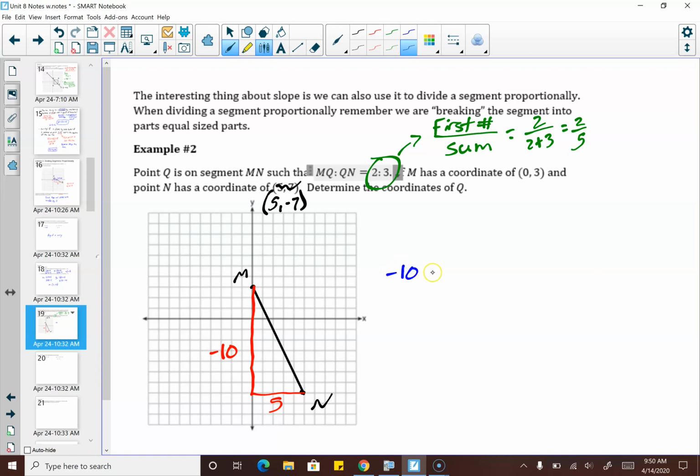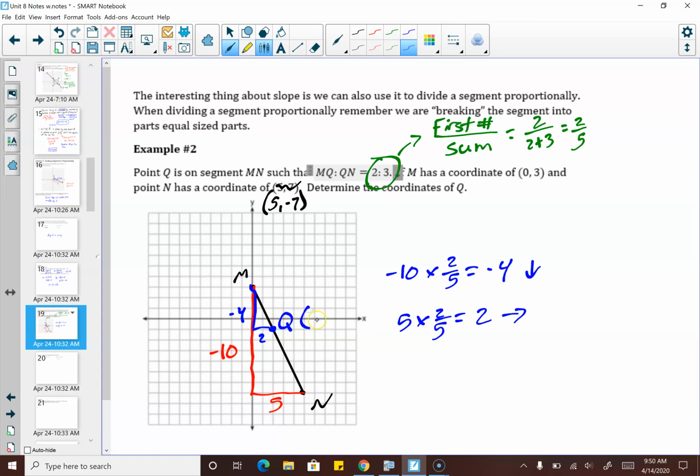So if we look at our -10 and multiply that by 2/5, that gives us a new slope of -4. And then if we look at our 5 and multiply it by 2/5, that gives us 2. So now we're going down 4 and we're going right 2. So 1, 2, 3, 4. There's our down 4 and our right 2.